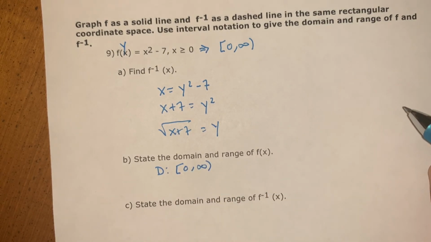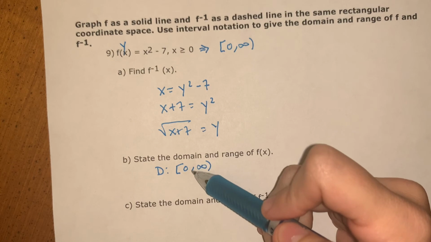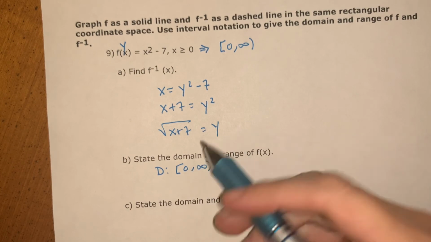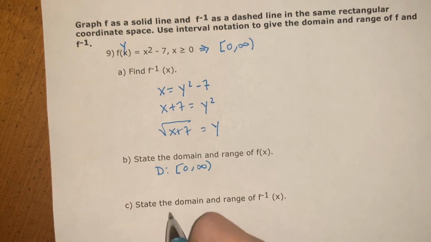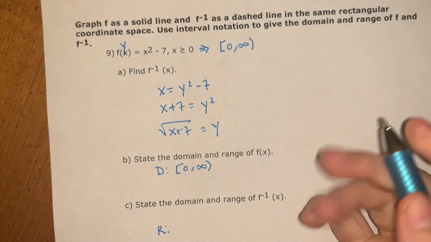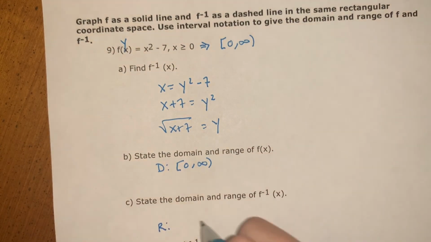Now, I said for f and its inverse, x's and y's are swapped. So the domain of the original function becomes the range of our inverse function because of that swapping property. So we know that the range of our inverse is exactly the same as the domain of our original function.